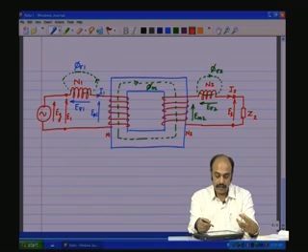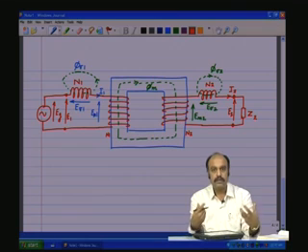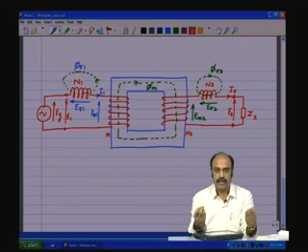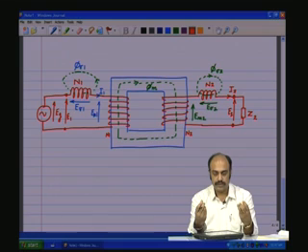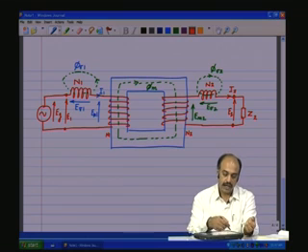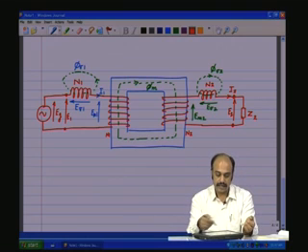So, now what we have done is we have brought out the leakage fluxes and that component of the reactance, which is actually the voltages that are induced due to the leakage fluxes, on both the primary side and the secondary side.